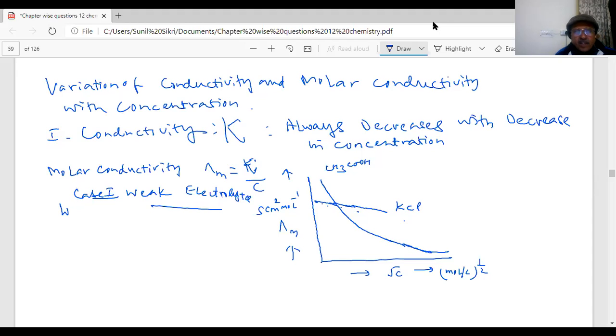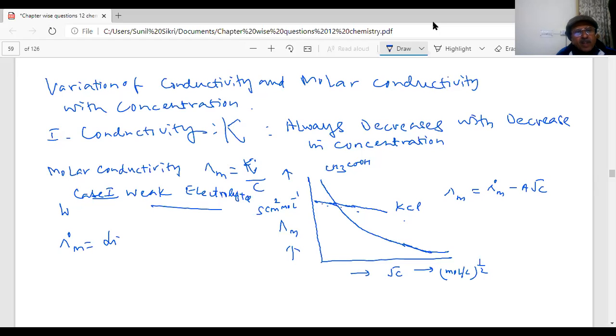For this, we have given a formula: lambda m is equal to lambda 0 m minus A root C. This is a linear relationship. Lambda 0 m is called the limiting molar conductivity.